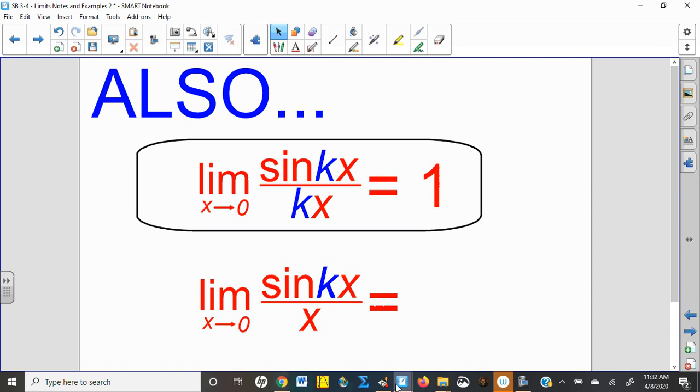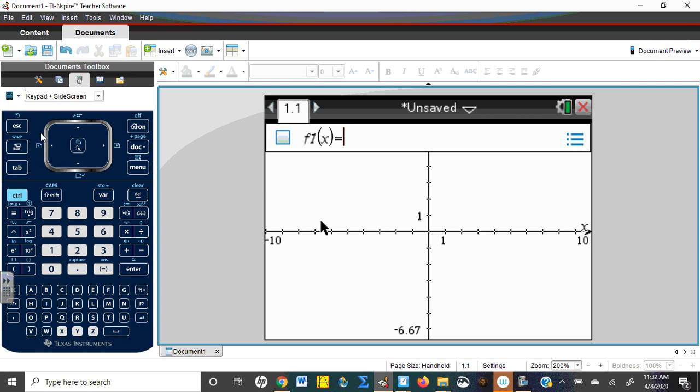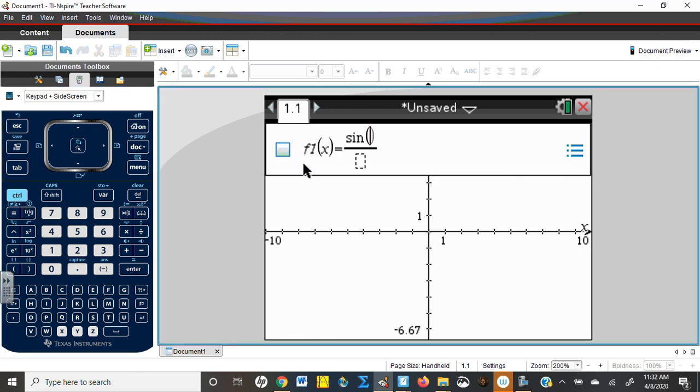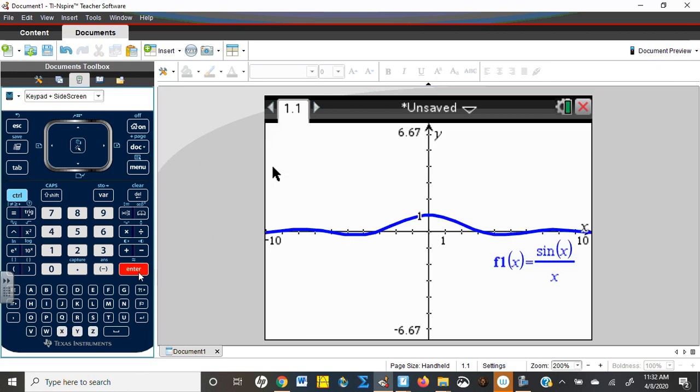For example, let's plug in our equation. Sine of x divided by x. And there it is.